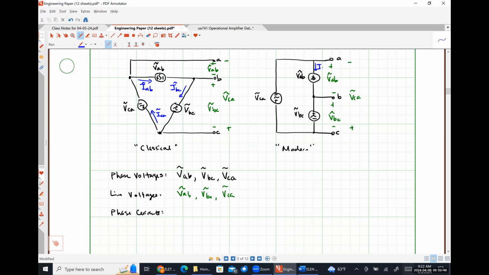And I'll try to represent them here. Like so. All right, so we've finished what the different quantities are for our delta connected source.